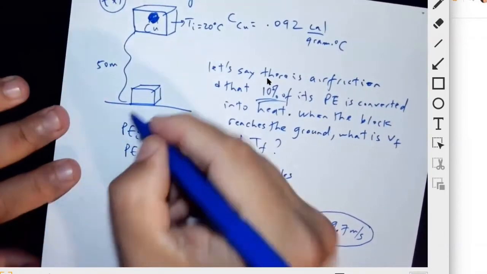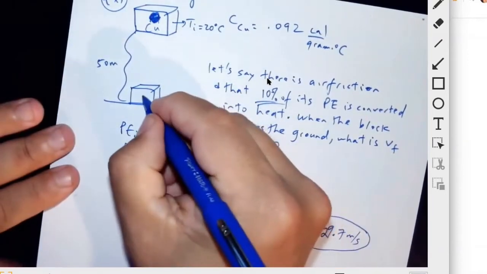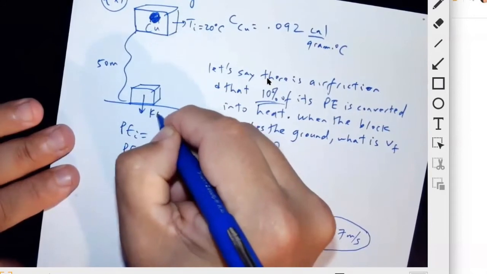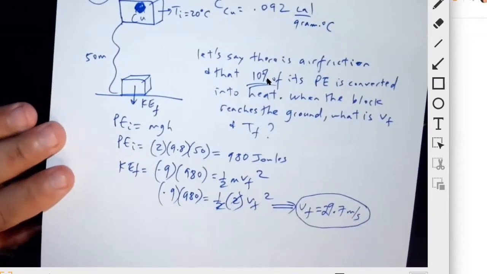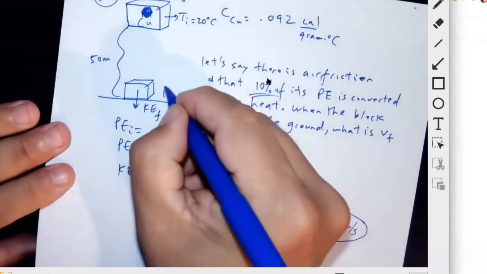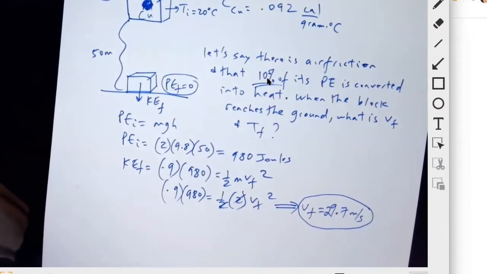Yeah, so at the end, I should have drawn a better picture. At the end, we have the kinetic energy final, and the potential energy final is 0. Yes. Thank you.